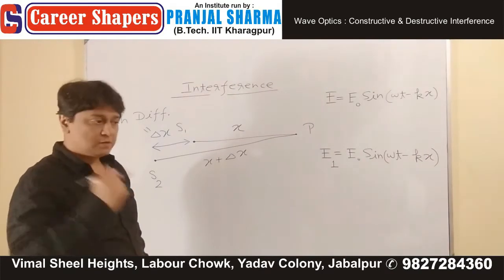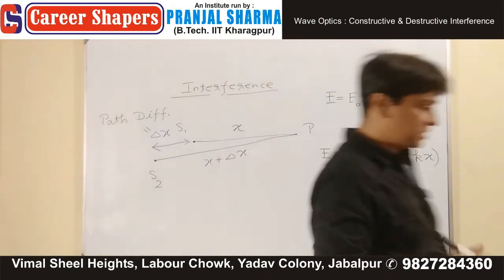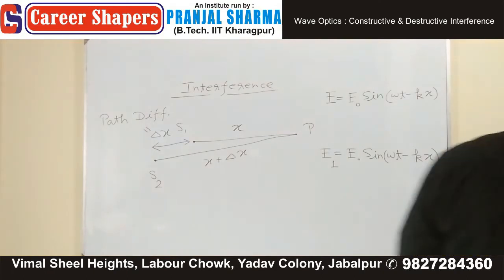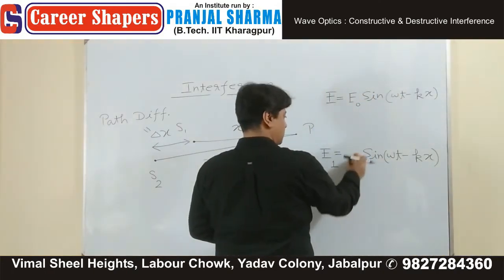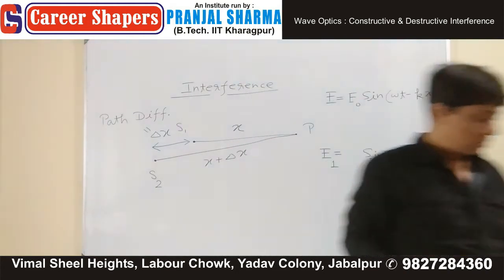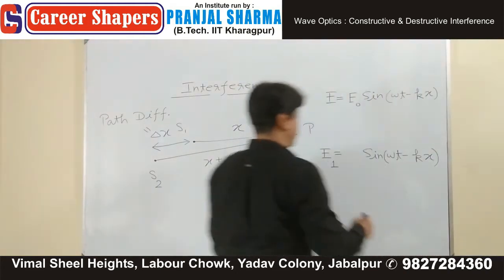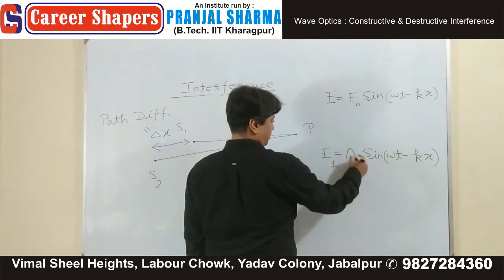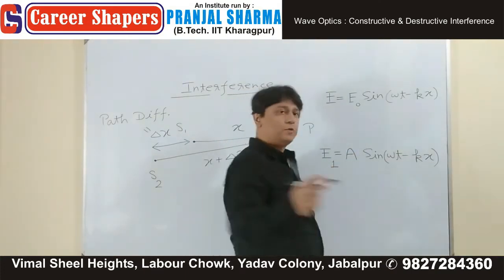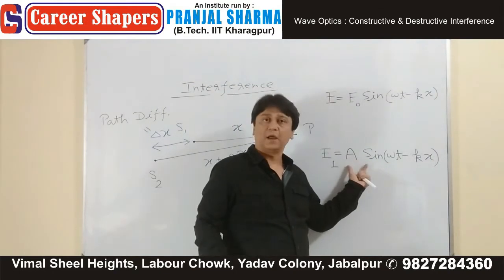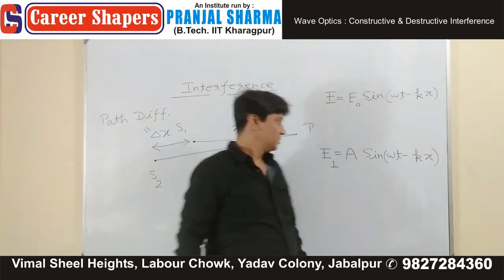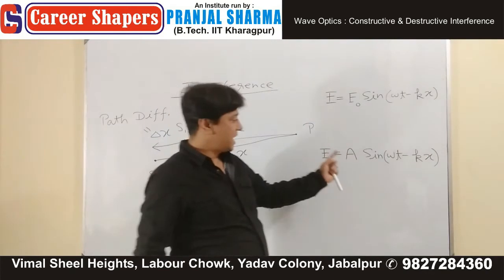Now, just for simplicity, I will replace this E naught with capital A. You know that in SHM we normally represent amplitude with A, capital A. So remember what this A is.